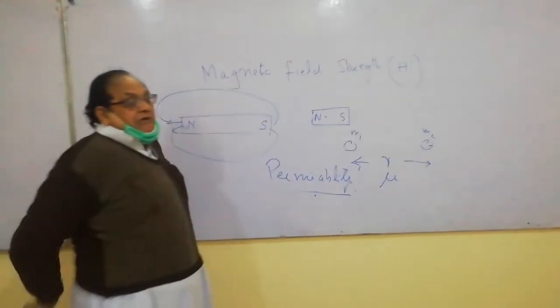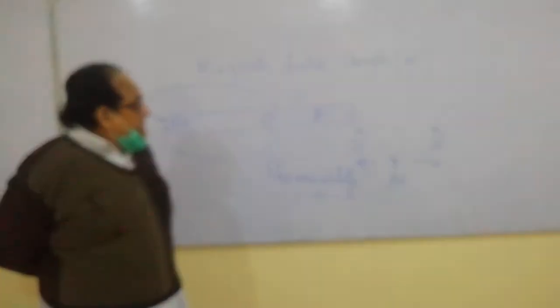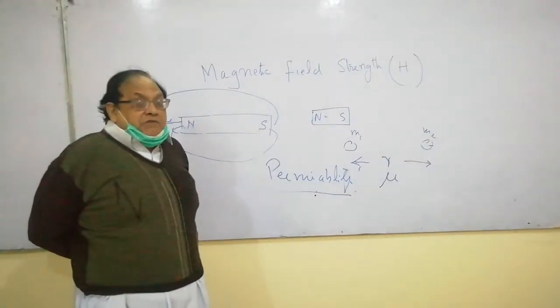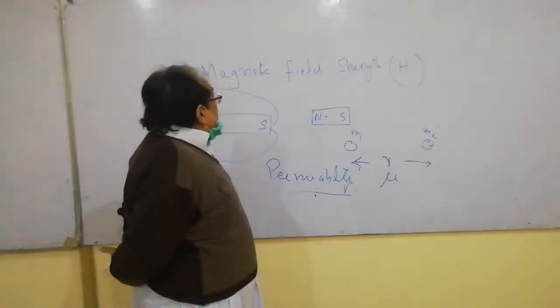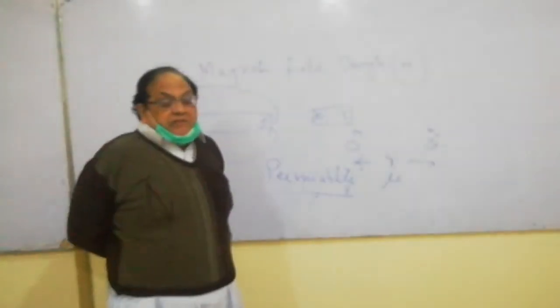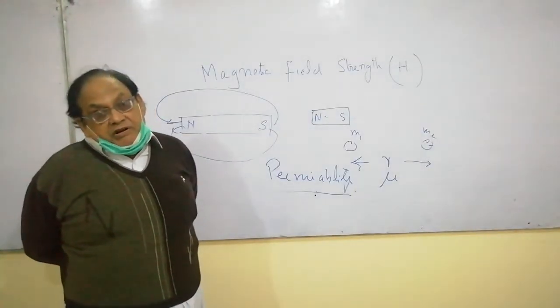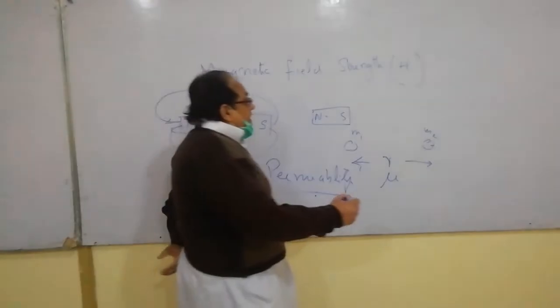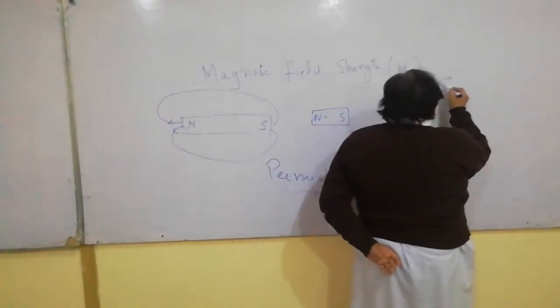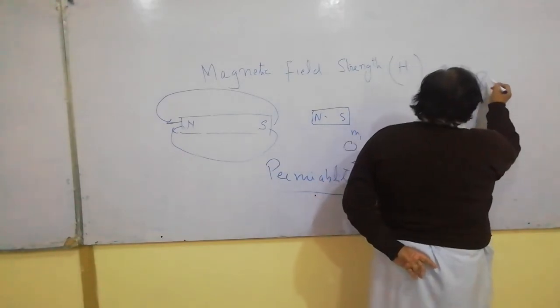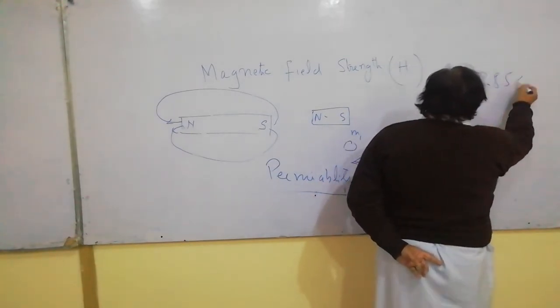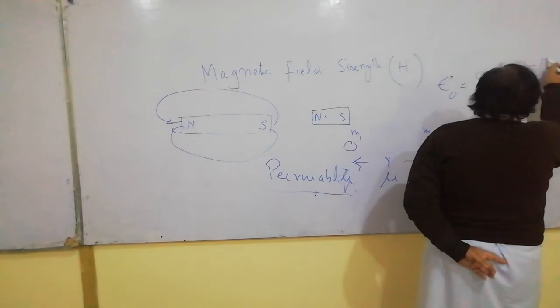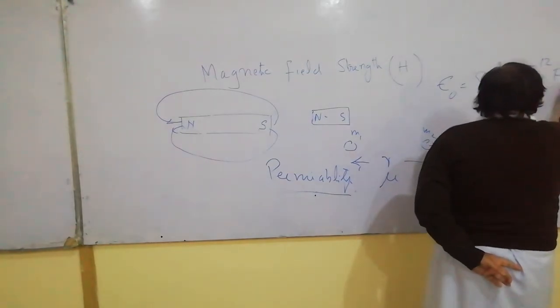You are familiar with the word permittivity, which we studied in Coulomb's law, that is epsilon, which was equal to epsilon naught into epsilon r. If you recall, epsilon naught is 8.85 into 10 raised to the power minus 12 farad per meter.